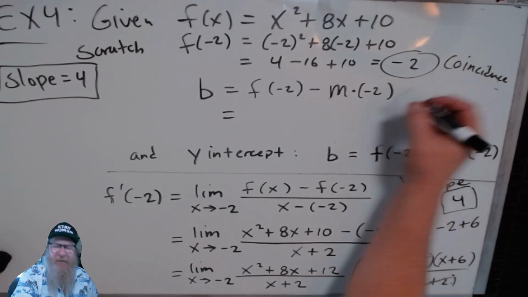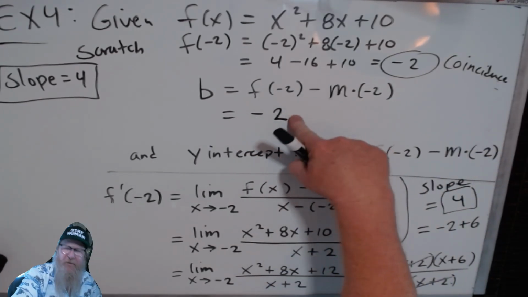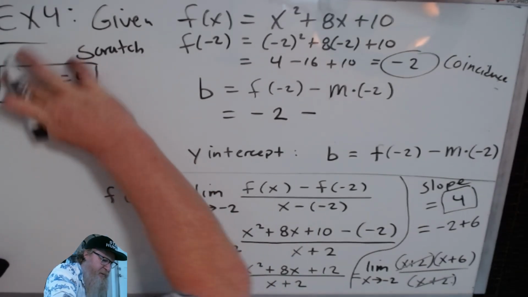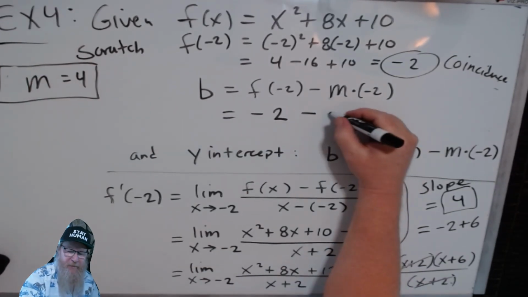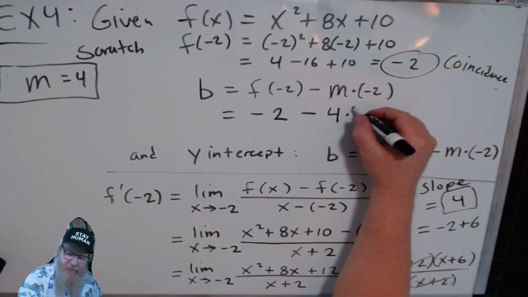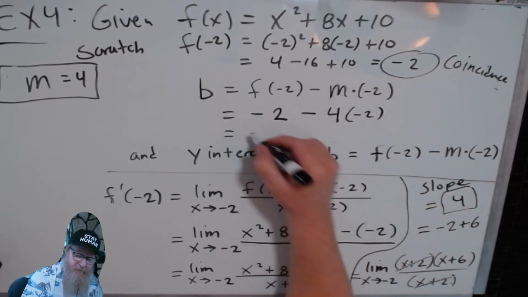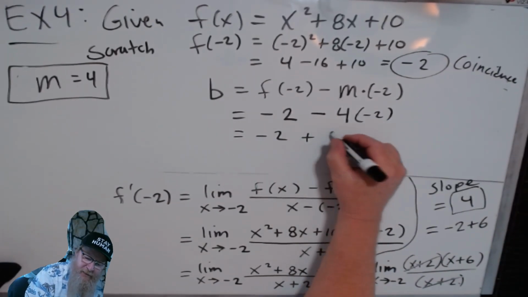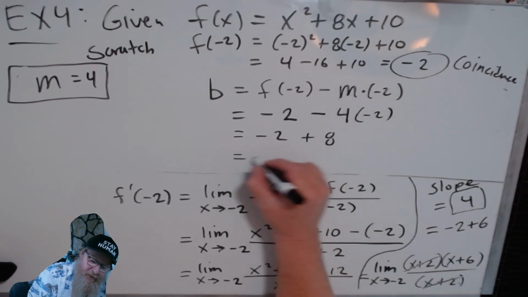So f of negative 2, again, was negative 2. That's a coincidence. Minus m. This is your m. So that's 4 times negative 2. So that's negative 2 plus 8, which is 6.